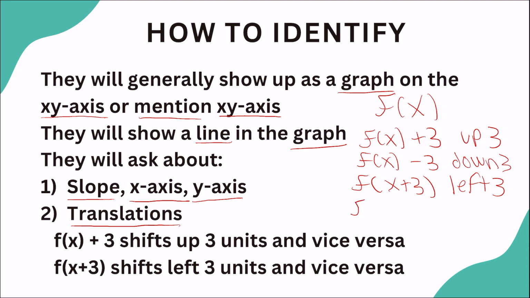And then lastly, f of x minus 3 is going to shift us right 3. And so your x-axis will be 3 units to the right of where normal f of x was. So just remember these translations. You can also plug in test values if you can't remember if it's up, down, left, right, and that'll help you figure it out. But I would remember these as well.